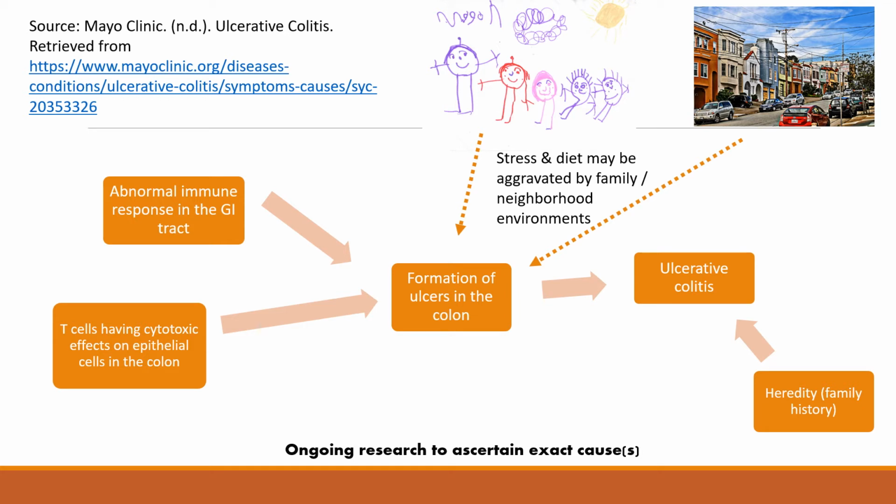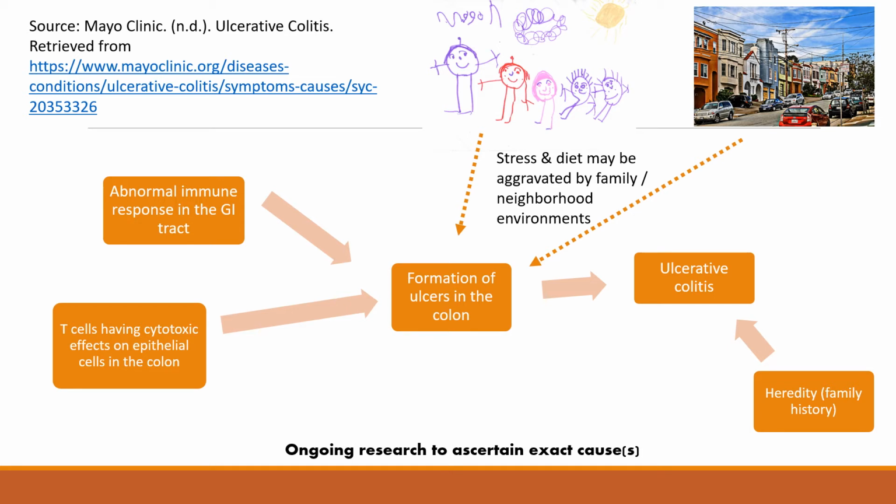Ulcerative colitis can also happen when the T cells have a cytotoxic effect on the epithelial cells in the colon. The abnormal immune response in our GI tract and the T cells having a cytotoxic effect in the colon can lead to the formation of ulcers in the colon.